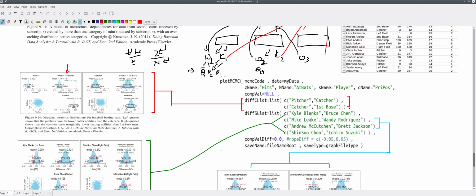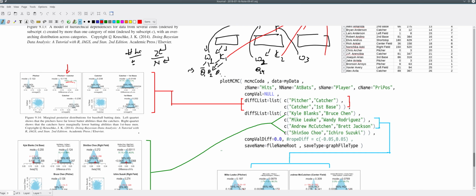What we observe here, particularly when we are looking at this thing over here, is implying that there is a difference, and pitchers have a lower estimated value of number of runs to at bat ratio than catchers.